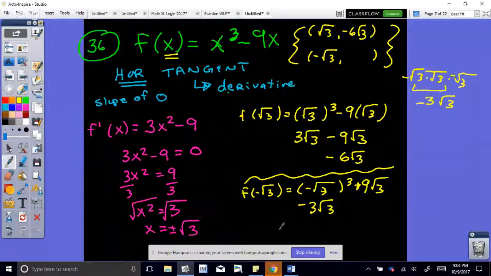So negative 3 root 3 plus 9 root 3, which gives us positive 6 root 3. So negative root 3, 6 root 3 would be my second point. Okay, so this right here would be my final answer because it asks for the points.